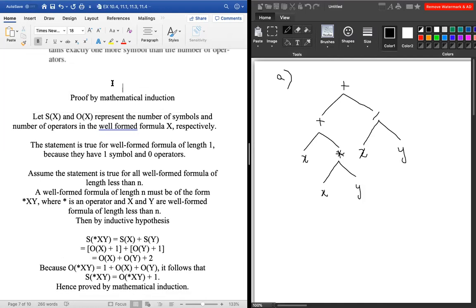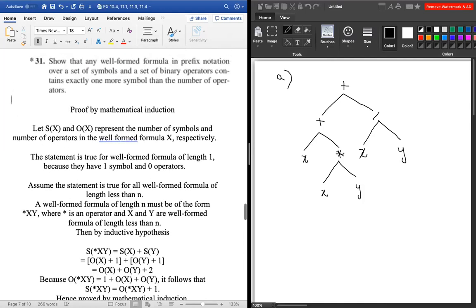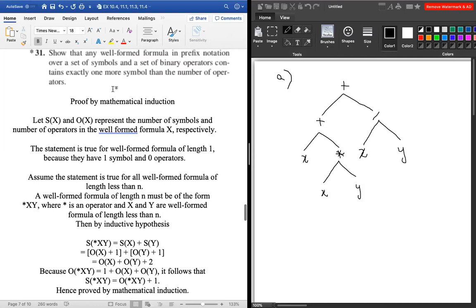So this was a kind of long proof. Let me just summarize what I did. What we were trying to show was that a well-formed formula in prefix notation over a set of symbols and a set of binary operators contains exactly one more symbol than the number of operators.